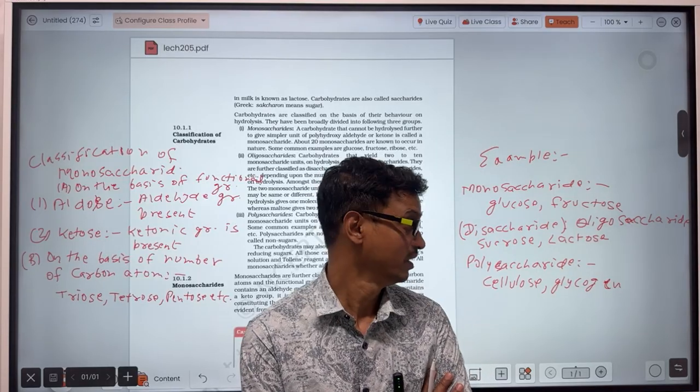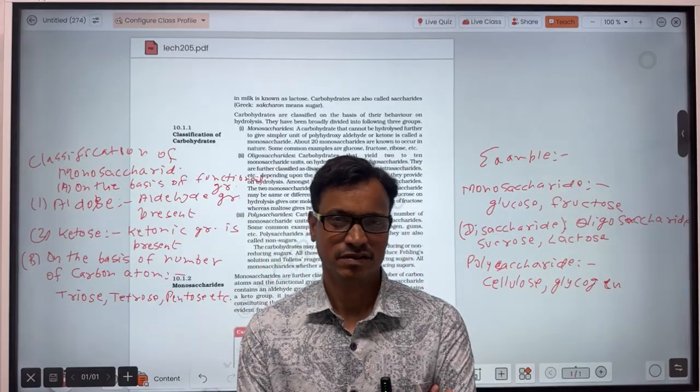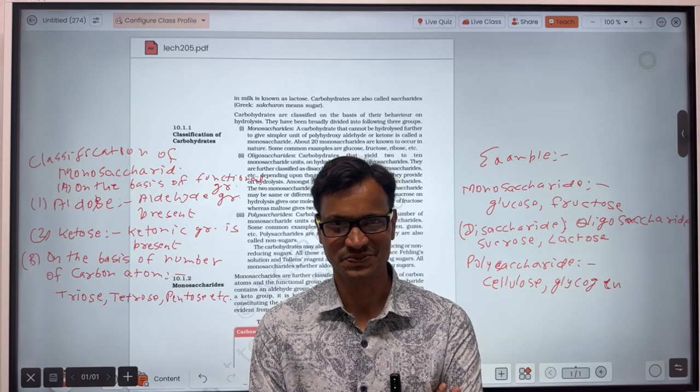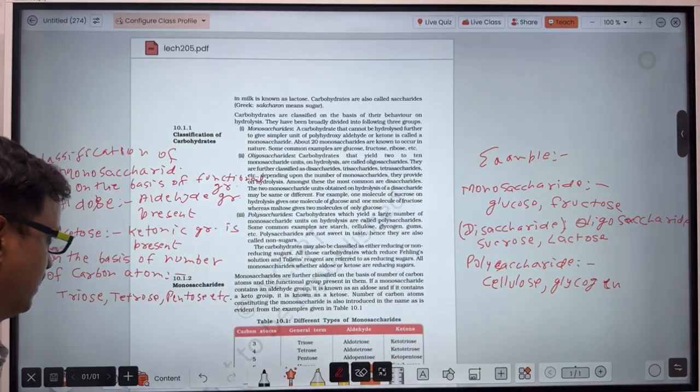But that sweetness is not due to the glycogen present in the muscles of animals. That sweetness is due to the sugar. Okay, guys, that was this example.